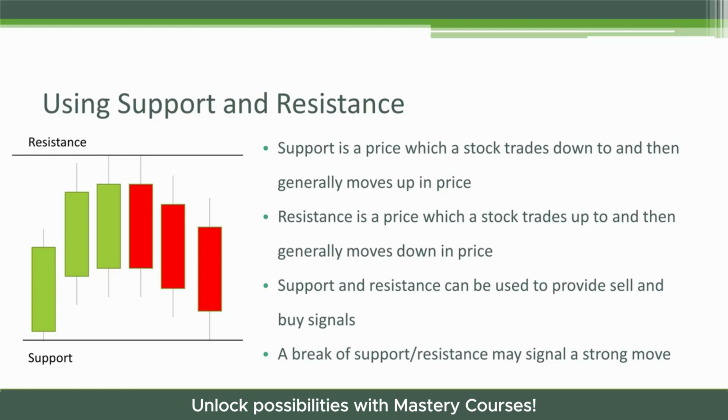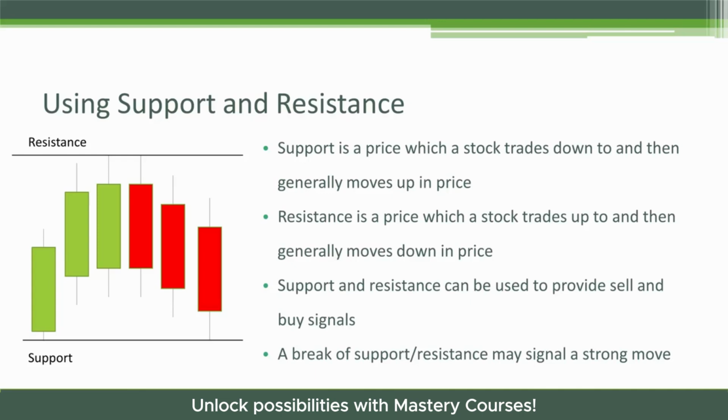And I say generally because a stock will go through both support and resistance, and this can happen on a fairly regular basis. But we can use support and resistance to provide sell and buy signals in our stock. They provide areas where there is a higher percentage chance that the stock will move either up or down, depending on whether it is at support or resistance.